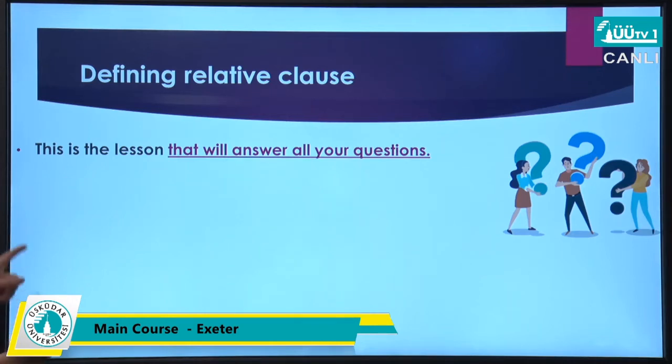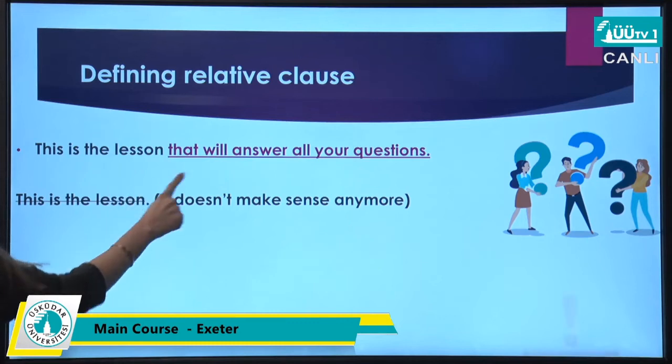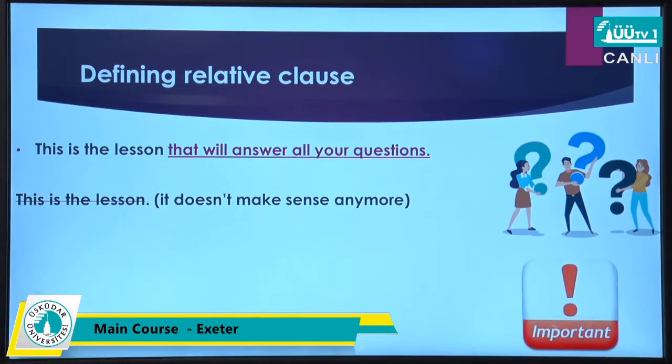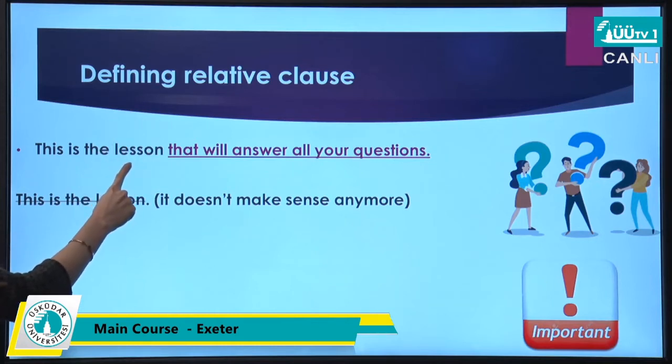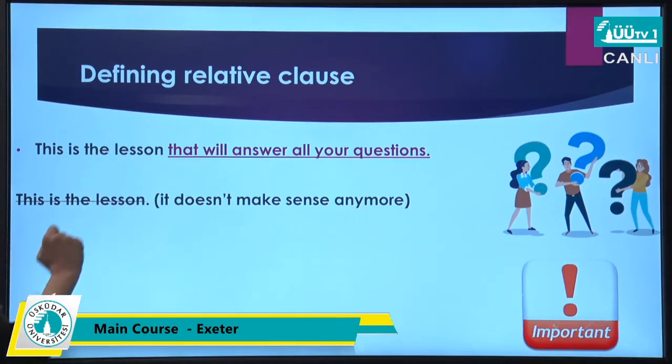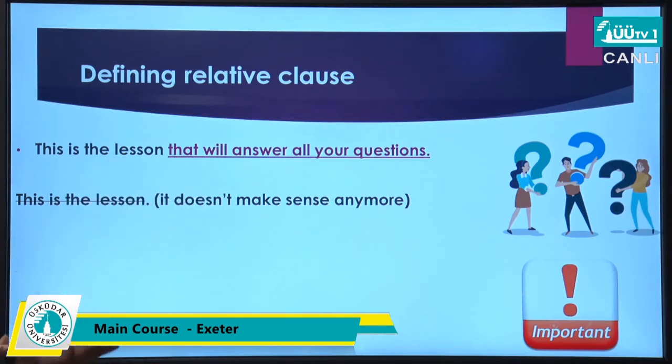This is the lesson. Look at this part of the sentence and look at that part of the sentence. There are two clauses right here. The second clause is trying to identify one word, this noun, and it is important. Without that part, this sentence is meaningless. It doesn't have any meaning.